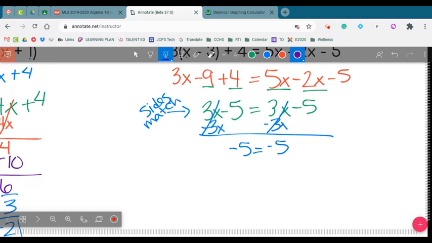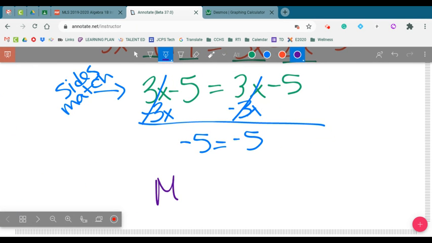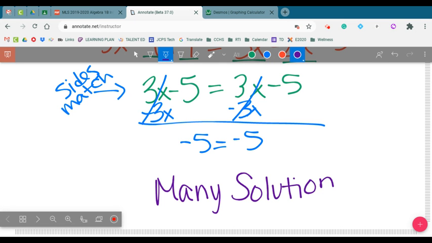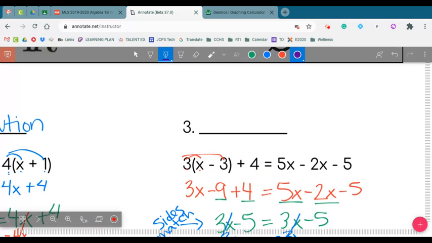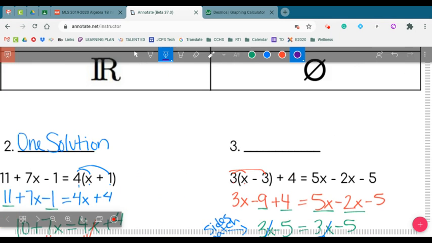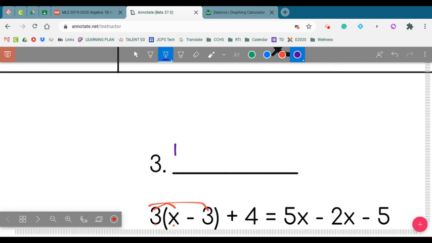So this means many solutions. What that means is I can plug in any number for x, and it's going to work on this problem. So this one is infinite solutions. You can call it infinite solutions or many solutions.